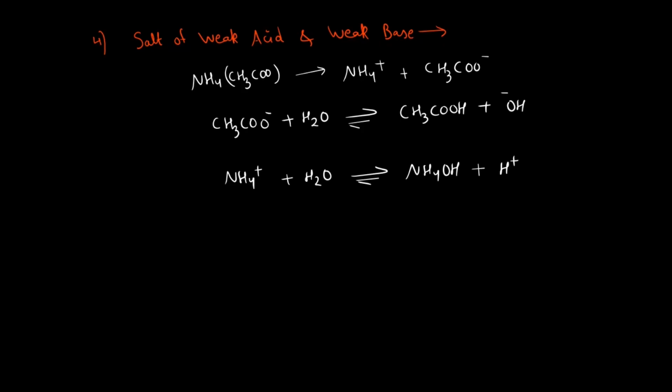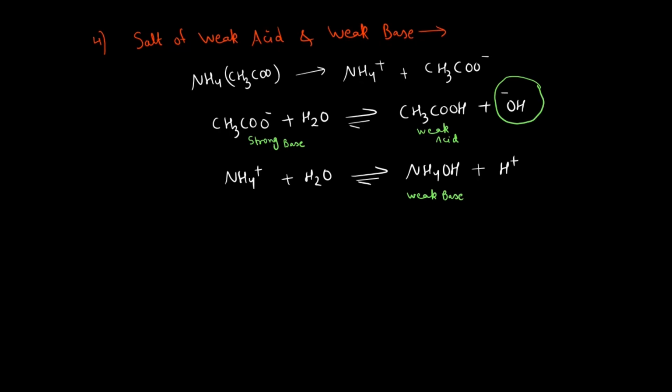Now we know that acetic acid is a weak acid, and its conjugate is a strong base. So the equilibrium will be towards the right hand side, so we will have more OH negative ion concentration. In the same way, ammonium hydroxide is a weak base.